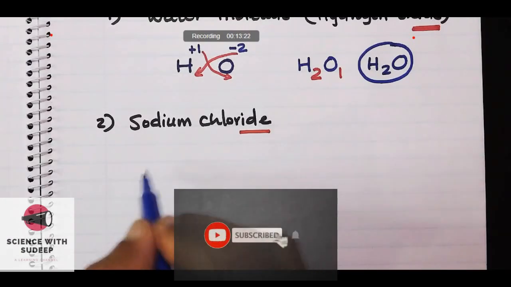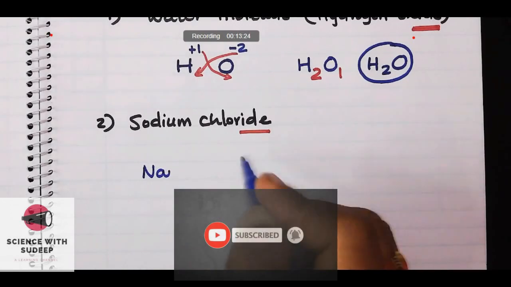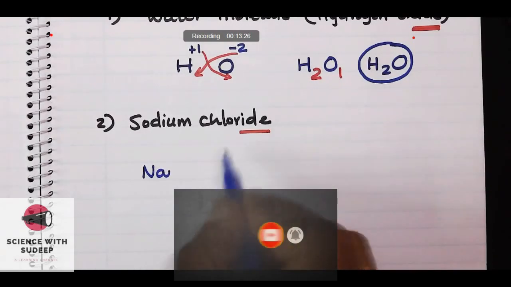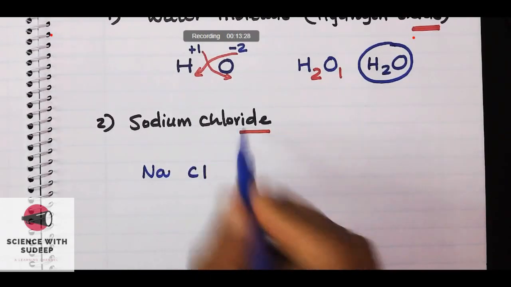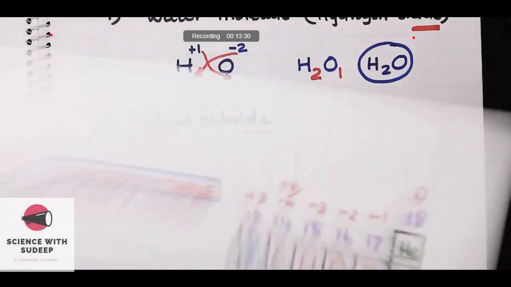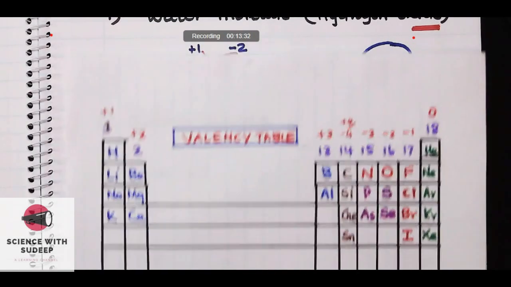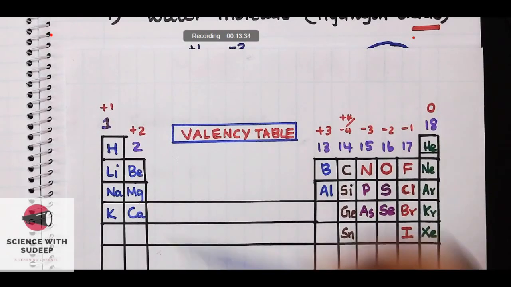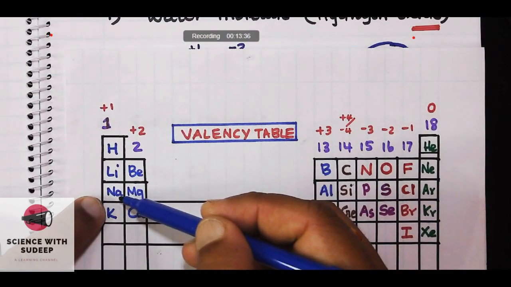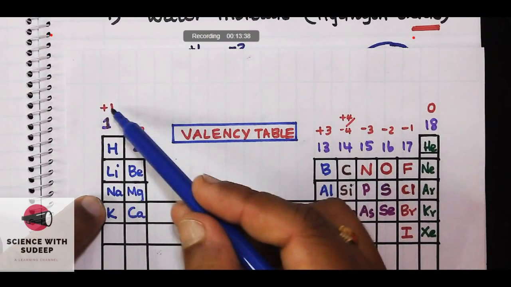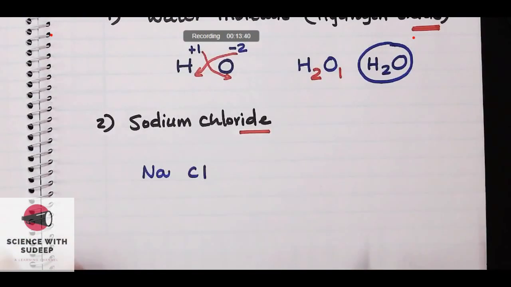The first one is sodium. Na stands for sodium, Cl stands for chlorine. Then I need my valency table. In my valency table, look at group number 1. Sodium is in group number 1, its valency is +1, so I put +1 here for sodium.